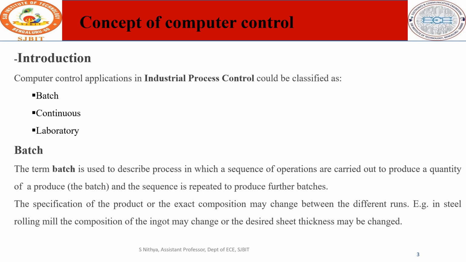The term batch describes the process in which a sequence of operations is carried out to produce a quantity of product, and the same sequence is repeated to produce further batches.